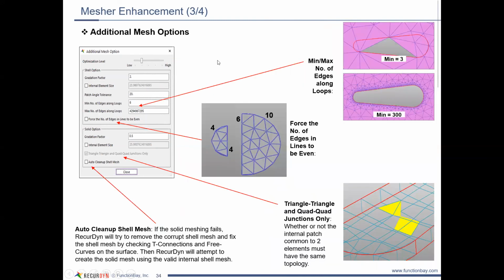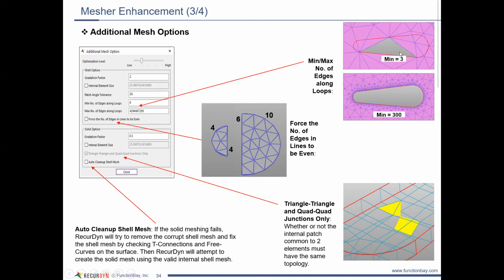All right, continuing down on the same dialog box. Next, we have minimum number of edges along loops and maximum number of edges along loops. So if you look here to the right, in this case, we're saying the minimum number of edges is 3.